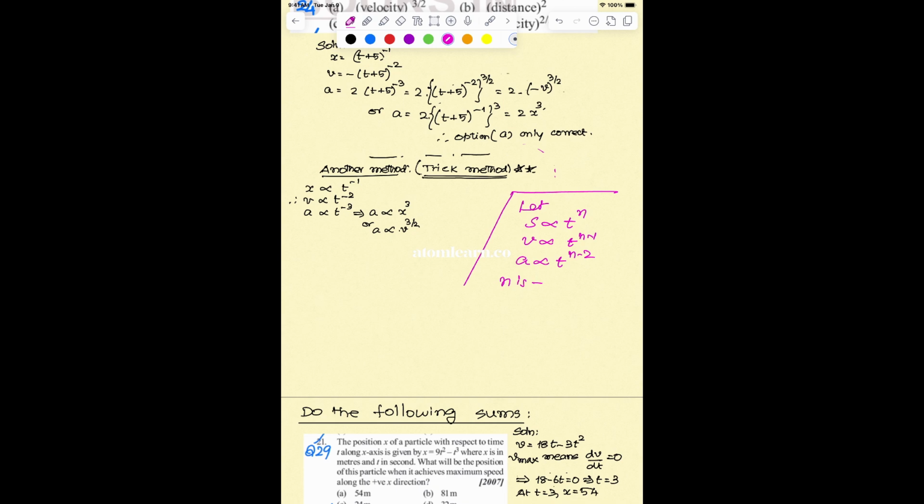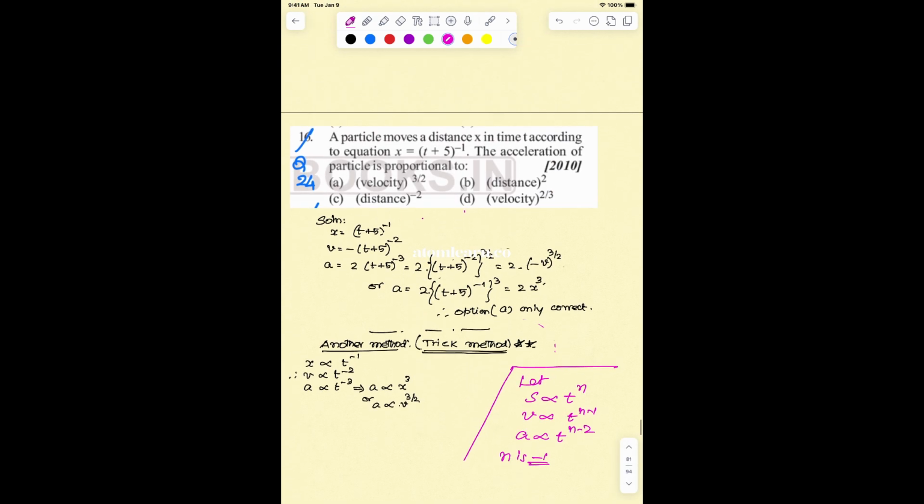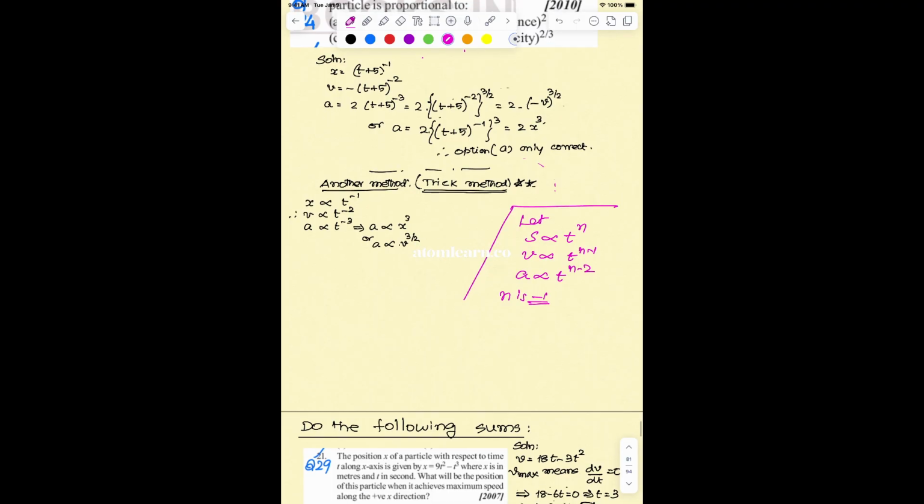Then what they are asking is acceleration. So velocity is proportional to t power minus 2, and acceleration is proportional to t power minus 3. Now you can convert acceleration, t power minus 3, as t power minus 2, that is velocity, times 3 by 2. Therefore acceleration is proportional to velocity power 3 by 2, which is one solution.